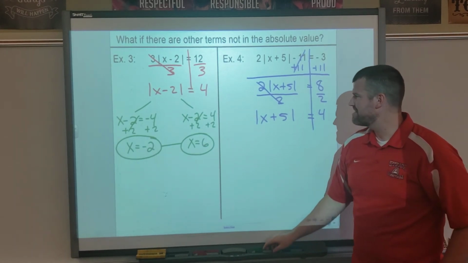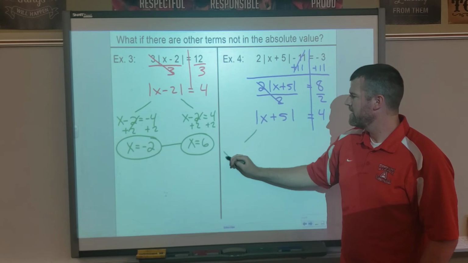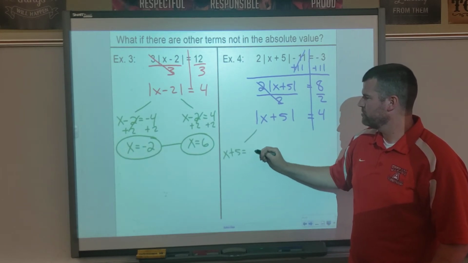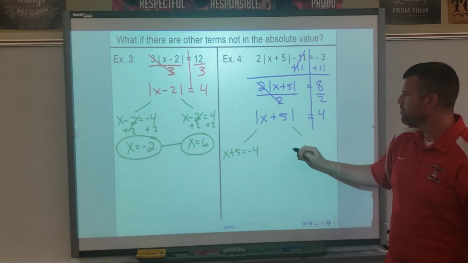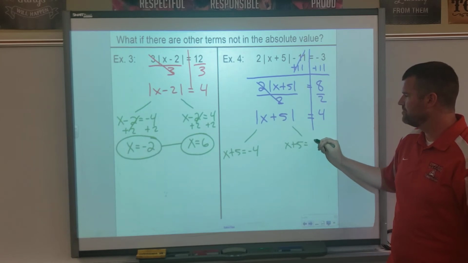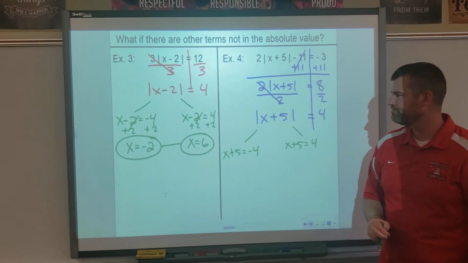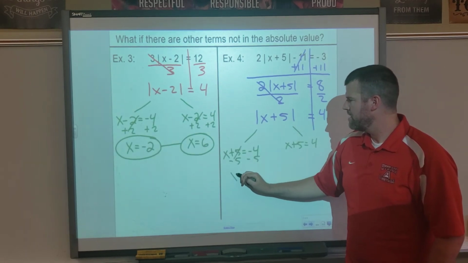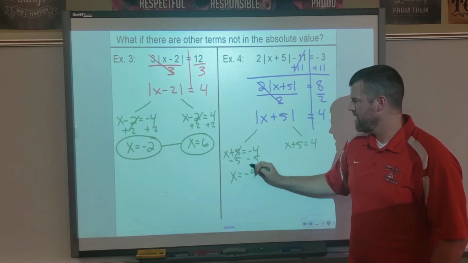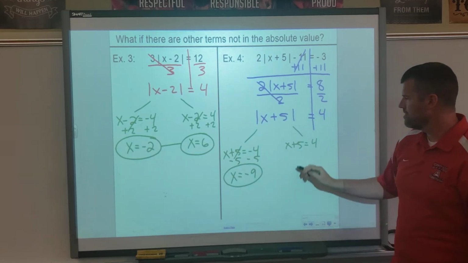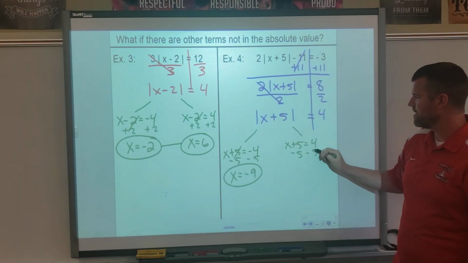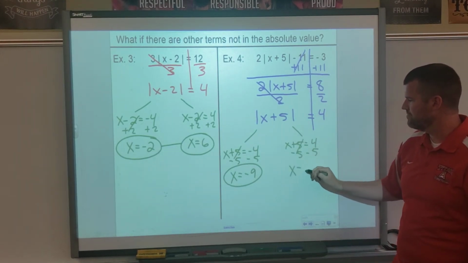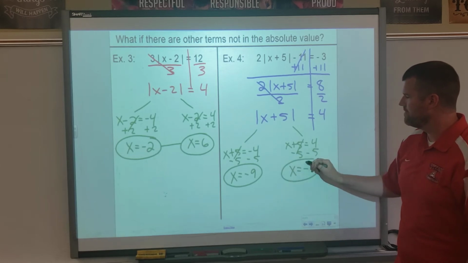So if our distance is 4, we know that x plus 5 is either equal to negative 4 or x plus 5 is equal to positive 4. We can solve both problems. x equals negative 9, or subtract 5, x equals negative 1.